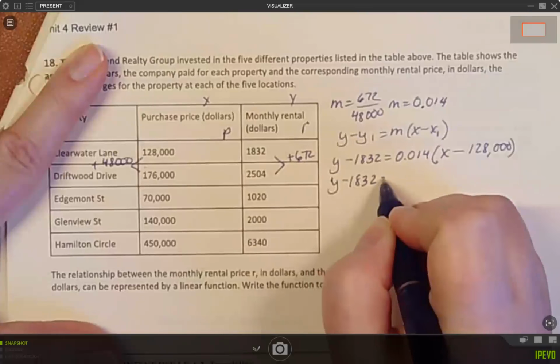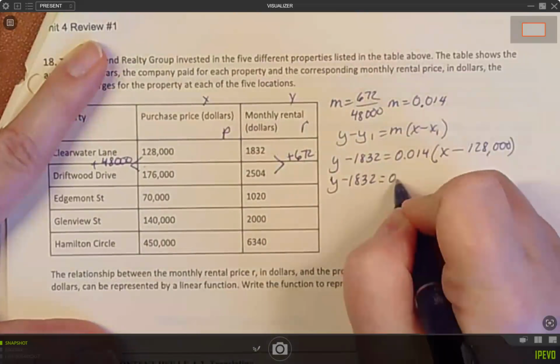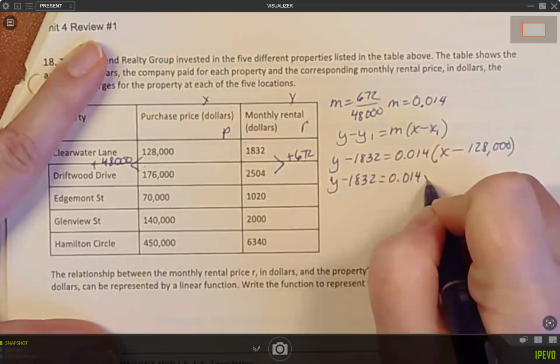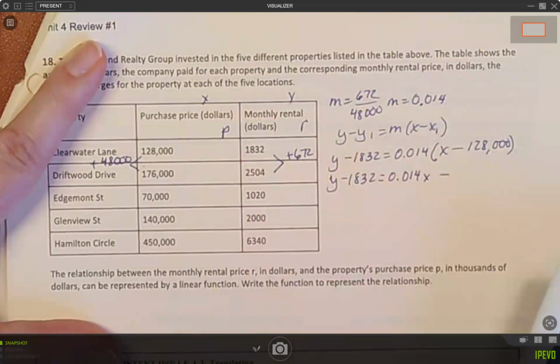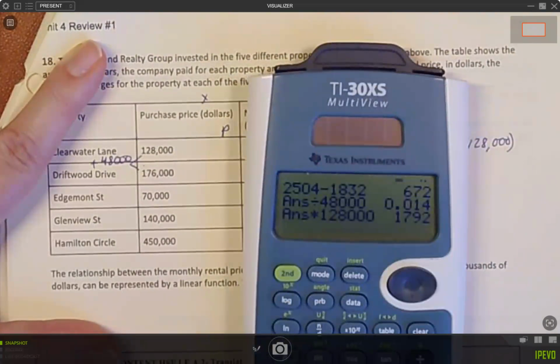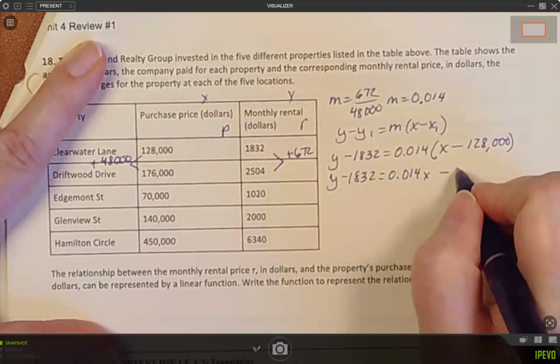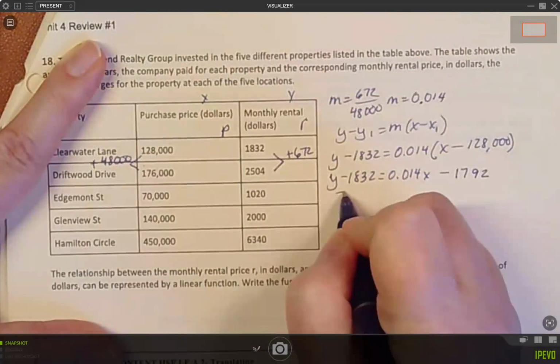Bring down the y minus 1,832 equals, we'll distribute our 0.014x minus 1,792. Okay, and then we'll go ahead and simplify or solve for y.